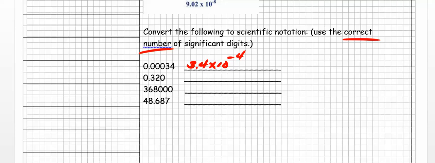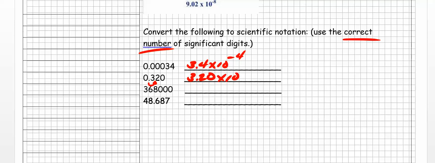We have 0.320. How would we write that in scientific notation? Well, we don't have very far to go with the decimal. We're here now. We're just going to move it right there. So we're going to move it only once to the right. Okay. Now, notice in going from 0.320 to 3.20, I've made this part of the number 10 times bigger.